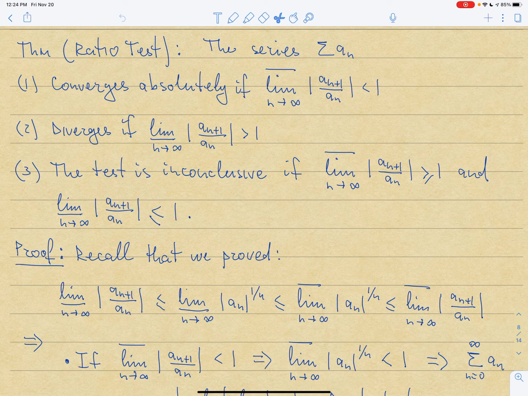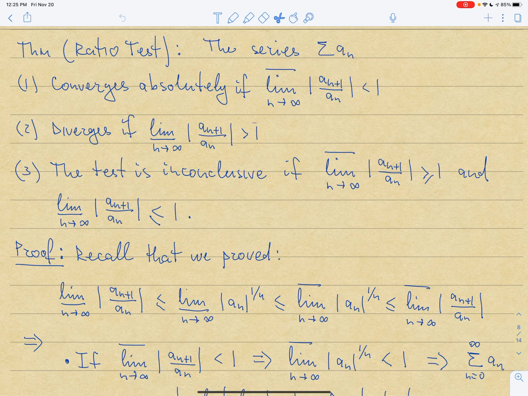If you have a series a_n, then we have three possibilities. If lim sup as n goes to infinity of |a_{n+1}/a_n| is less than 1, then the series is going to converge absolutely.